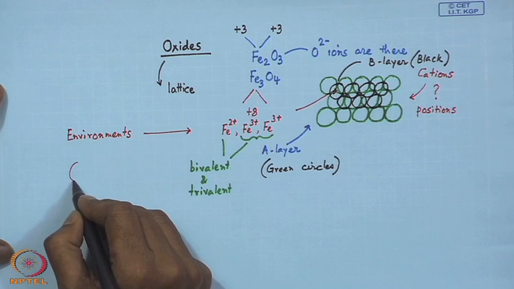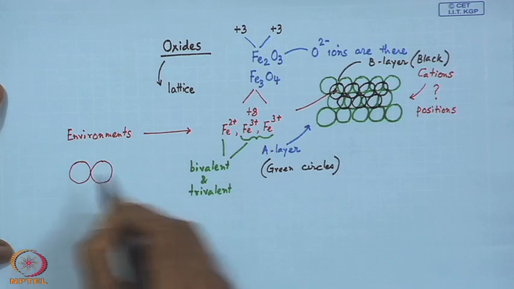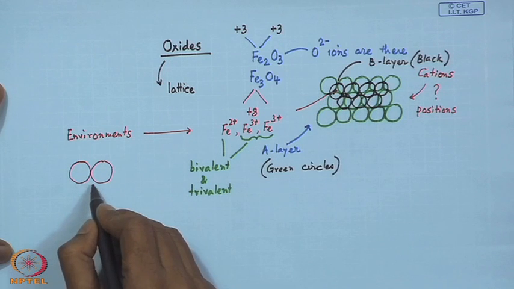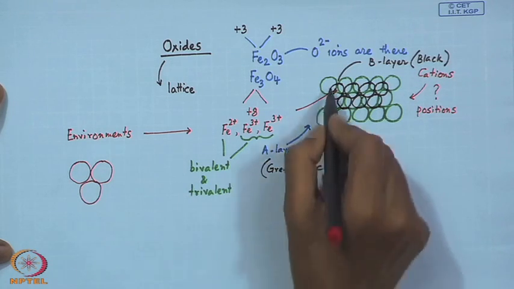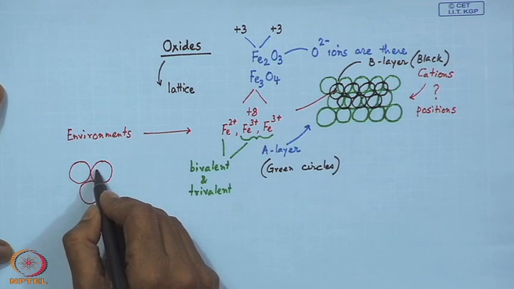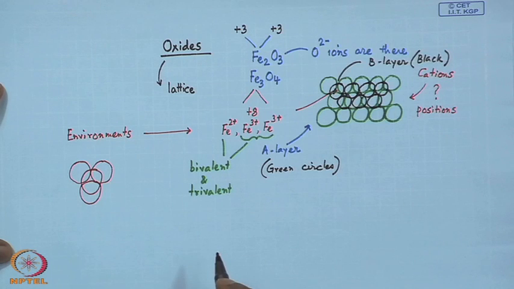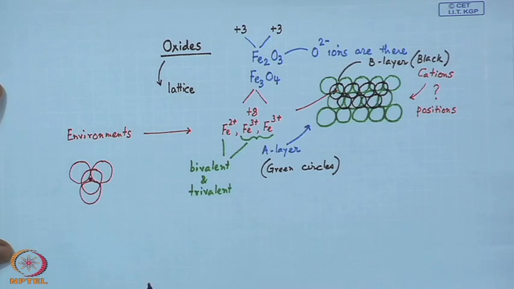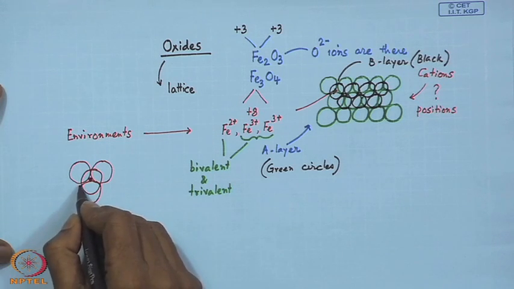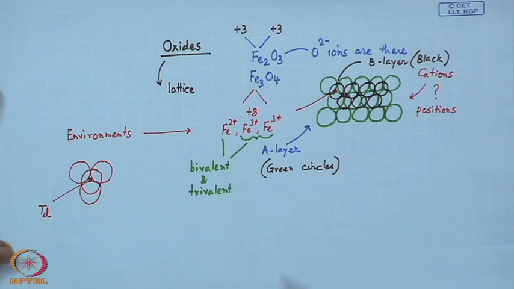If we just look at this particular site, how does it look? It looks like 3 green circles from the first layer and 1 black circle from the B layer. So, this particular site can be designated as the corresponding tetrahedral site. How?